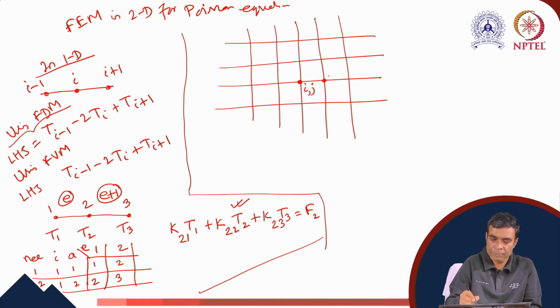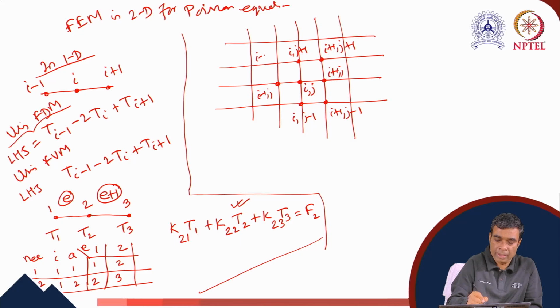So we have I plus 1, j, we have I minus 1, j, we have I, j plus 1, and we have I, j minus 1. So this is I plus 1, j plus 1. This is I plus 1, j minus 1.